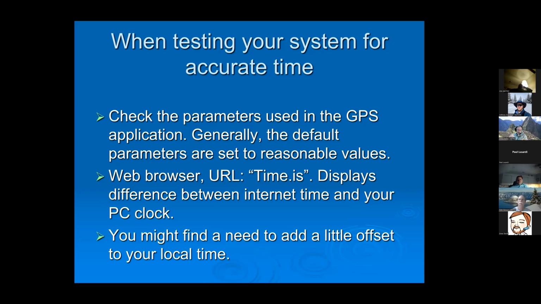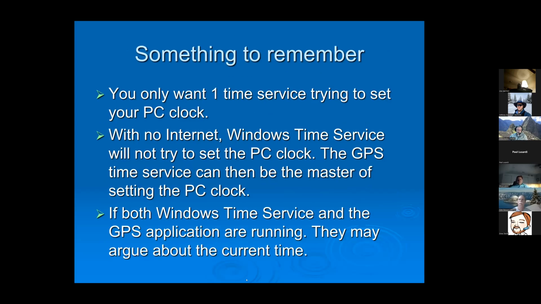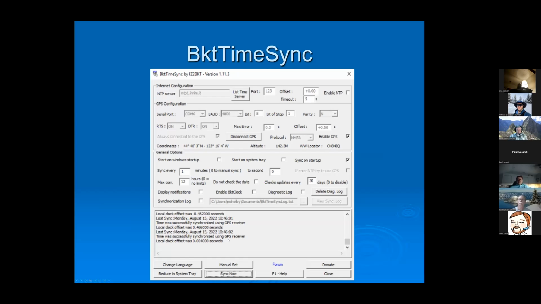So I showed you that one window. Let me back up to that slide. Down in the lower quarter, there's a window that shows the last time syncs you went through, and it shows how much error it had to correct.